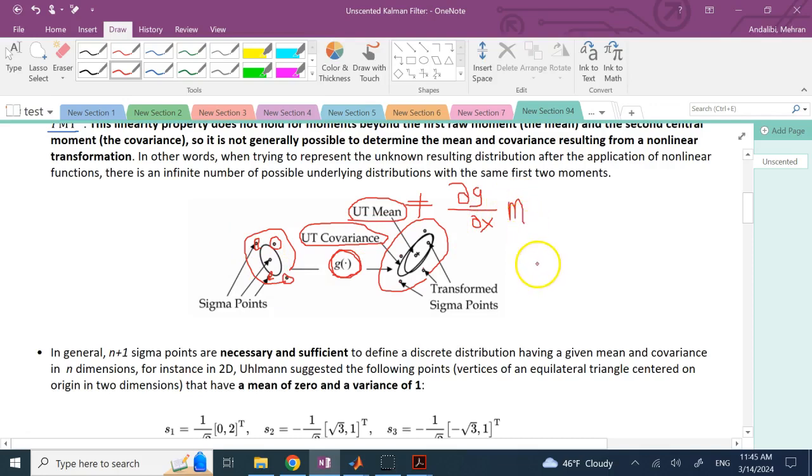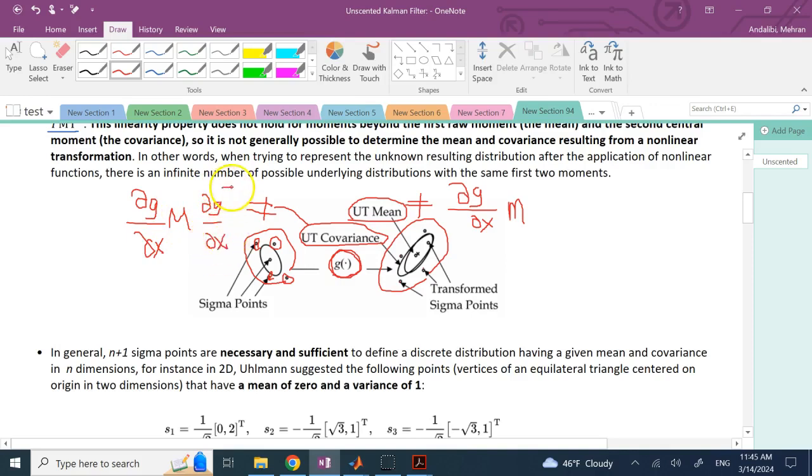This is clearly not equal to that, and this covariance also is not equal to that partial of g with respect to x times the original covariance, which we showed with capital M, or we can show with sigma, times partial of g with respect to x transpose. It's not that similarity transform here.